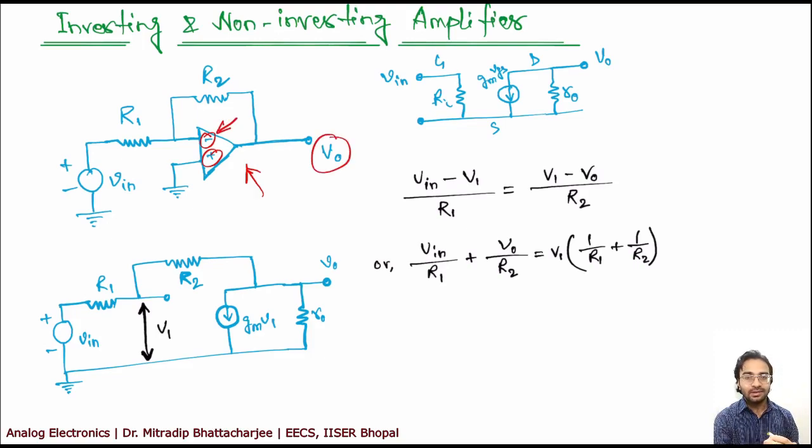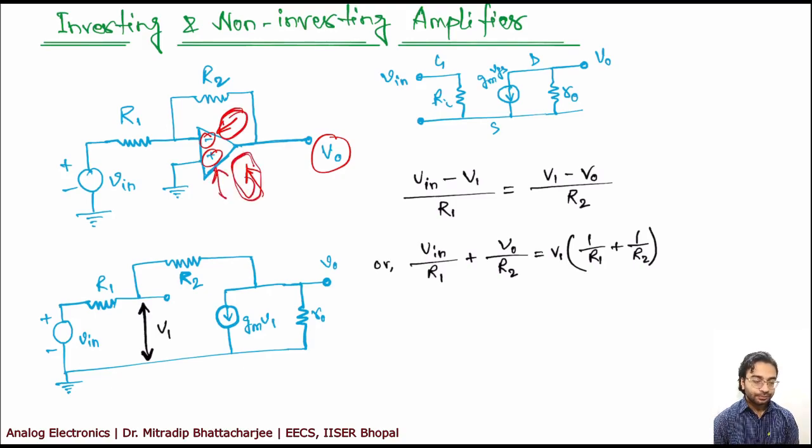The minus here defines that if you put an input to this, your output may invert, so you will get something out of phase. That's why it is called inverting input, and this is non-inverting input, and we symbolize them as minus and plus. So this one is your inverting input, and this part is your non-inverting input.